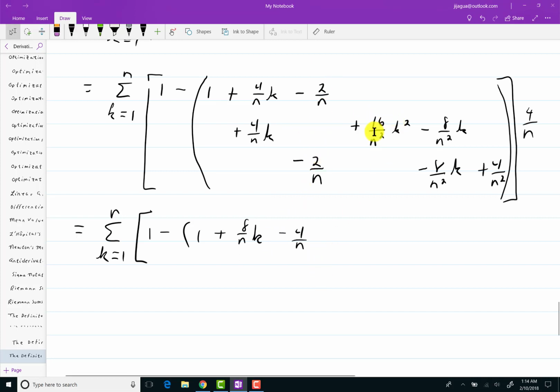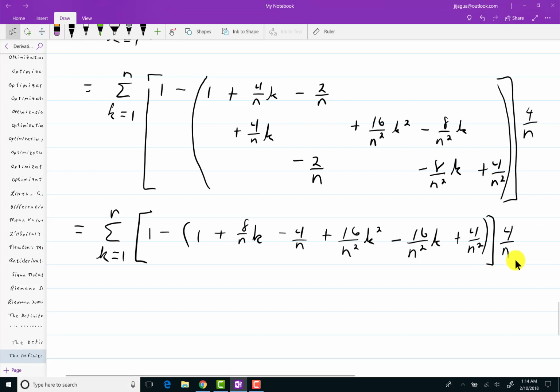And then I have plus 16 over n squared times k squared minus 16 over n squared times k plus 4 over n squared, end the parenthesis, do the bracket, 4 over n.